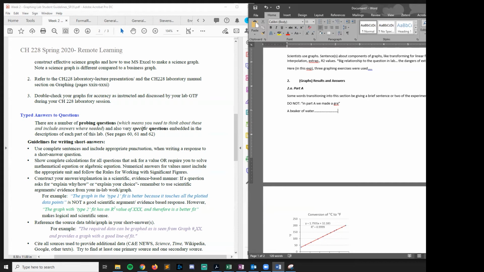In science writing, something always happens magically to inanimate objects. A beaker was heated. It's not, I heated a beaker, right? It's a beaker was heated. Why? I don't know. It's just how it's done, right? So a beaker of water was heated until boiling, and so on.